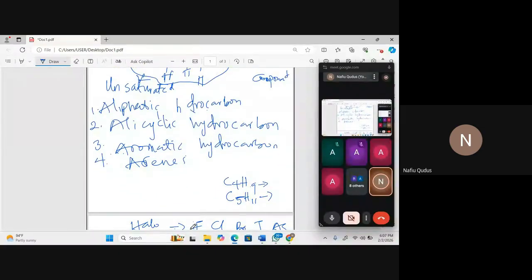For example, this is a straight chain. When you have hydrogen here, here, and here, when we have it like this, it's a straight chain.